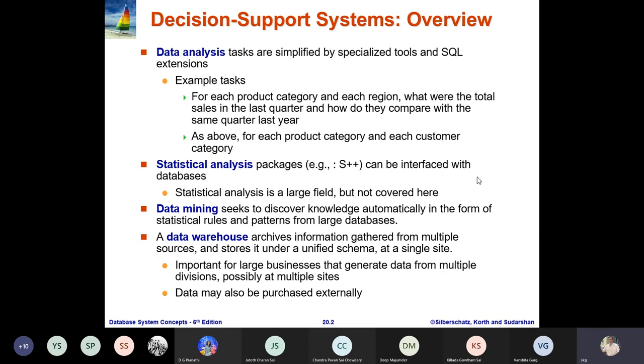If we look at the database applications, right? It has two broad categories. One is transaction processing, which is what we are primarily looking at more deeply in this course. And another part is more towards the decision support system.